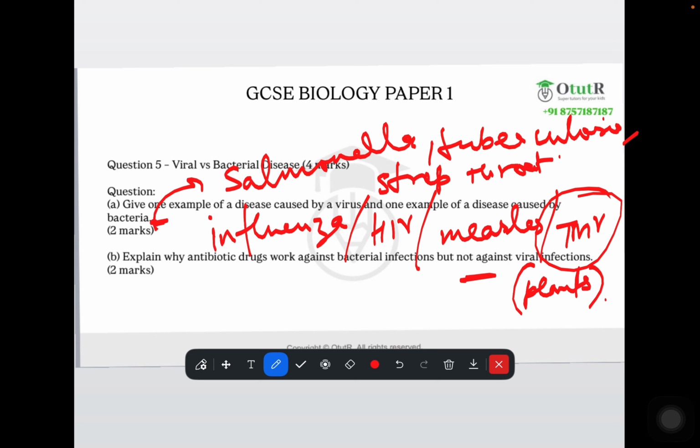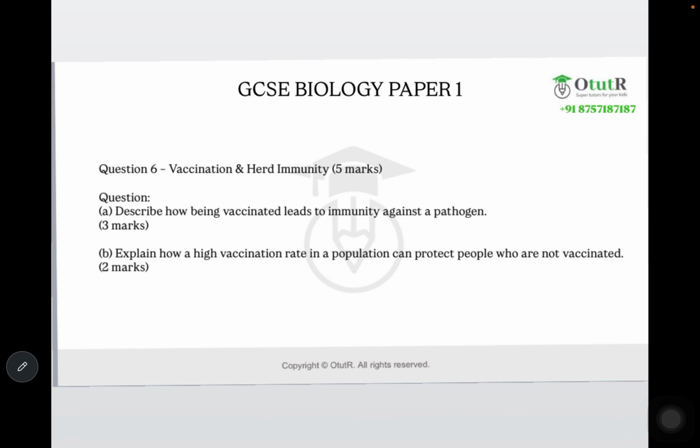Anyone you write and you can score 1 mark. Now let's come to part B. Antibiotics kill bacteria by disrupting the cell wall synthesis or protein production. And the viruses replicate inside the host cell, so antibiotics cannot reach them without damaging the host cell.